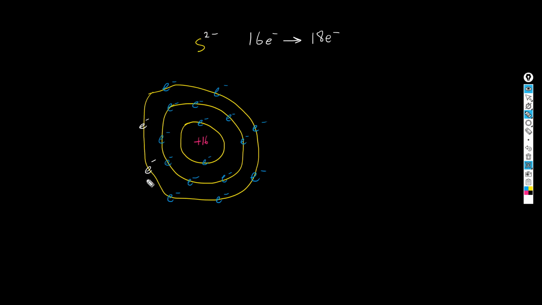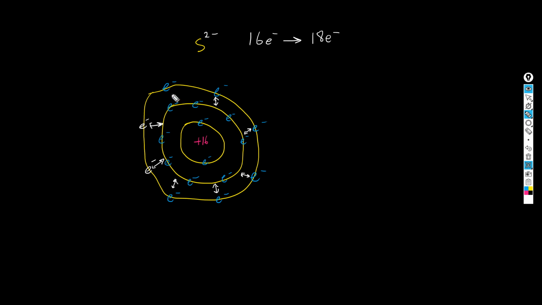What I do, however, have when I add 2 more electrons is that these 2 electrons are going to add more repulsion between the outside and inside layers. There was already a repulsion on the outside layer from 6 different electrons that was there before. And that's what kept the atomic size of sulfur what it was.